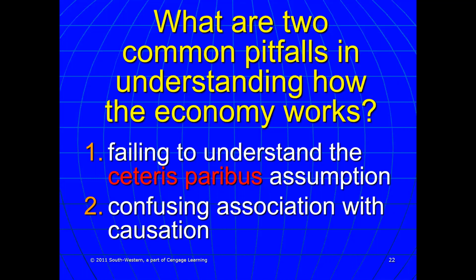Confusing association with causation is another common pitfall. So if I told you that all the students who sit on the first row make A's in my class, that's association. Sitting on the front row doesn't cause you to get an A. It's that students who sit on the front row tend to care about their grades, want to do well in the class.